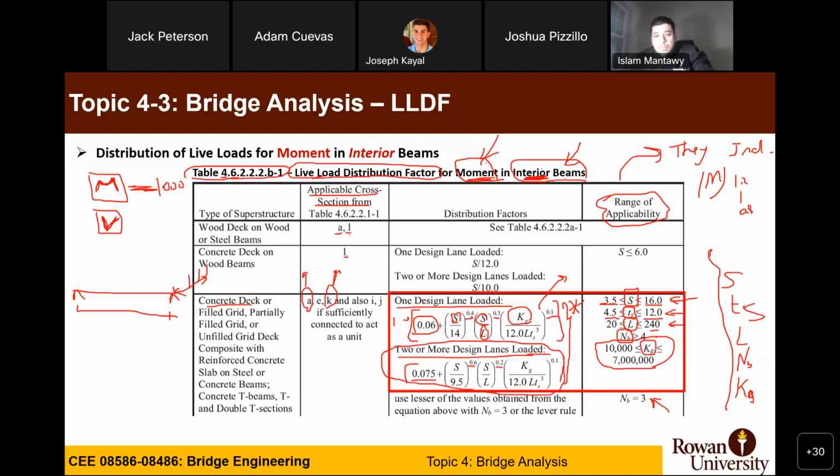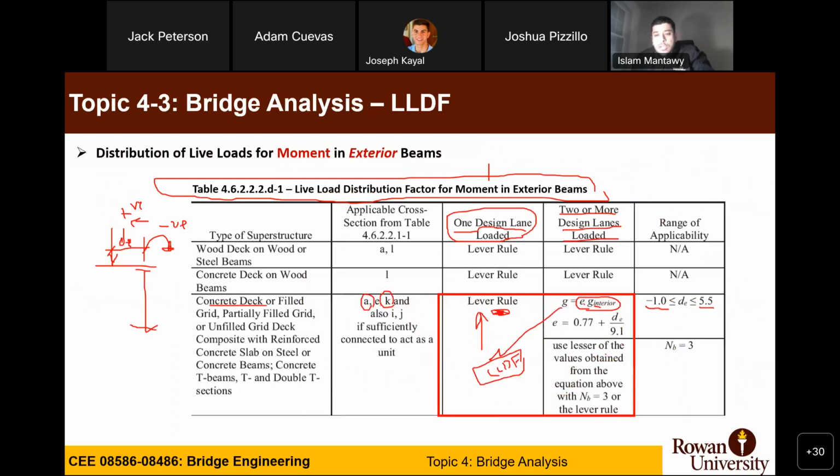Okay? Yeah. And this is G interior. So you multiply that by E, which is 0.077 plus DE over 9.2. Okay, so if we know DE, we can get E. Exactly. And you already calculated G interior, you got the live load distribution factor for moment exterior, correct?